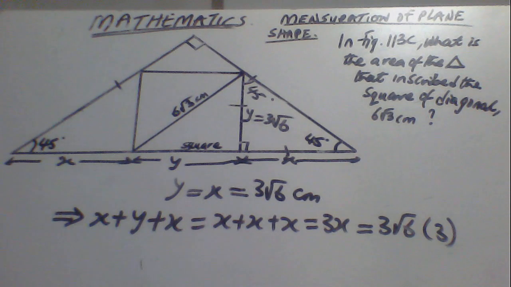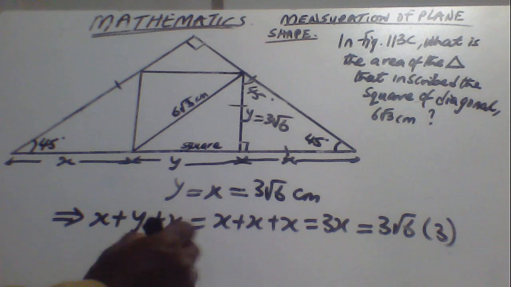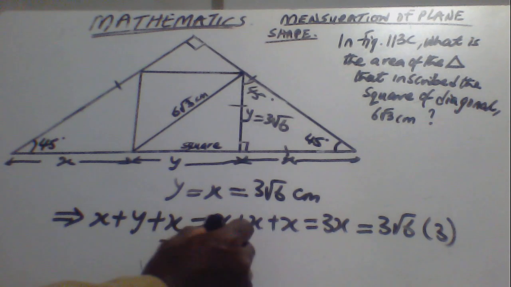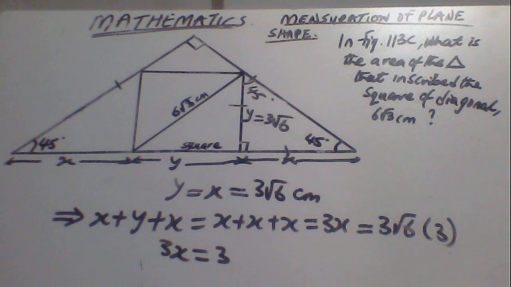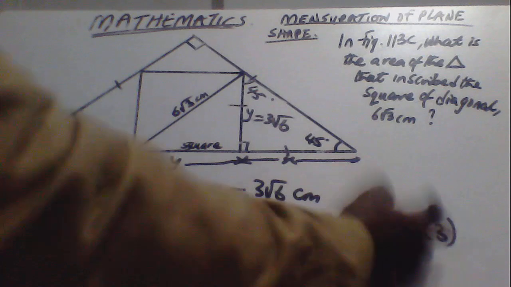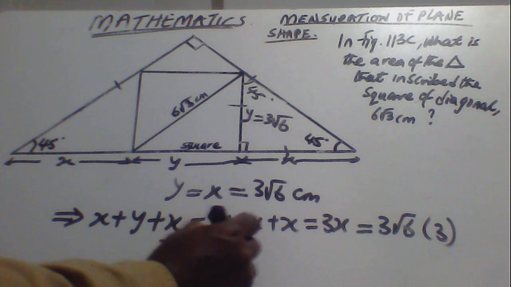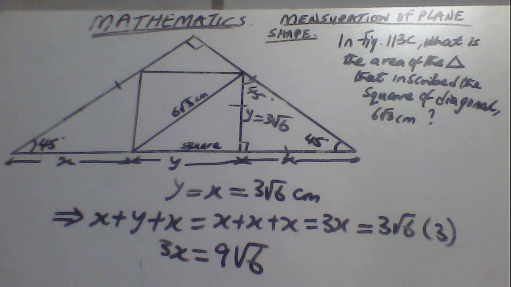So from here, what do we have? 3x is equal to 3 times 3, which is 9 root 6.